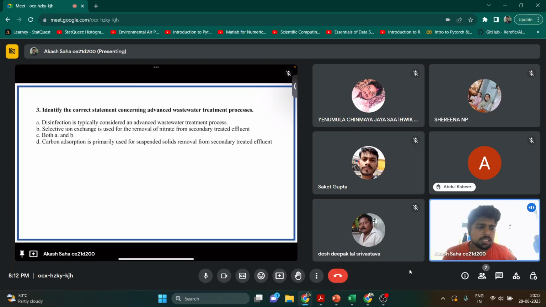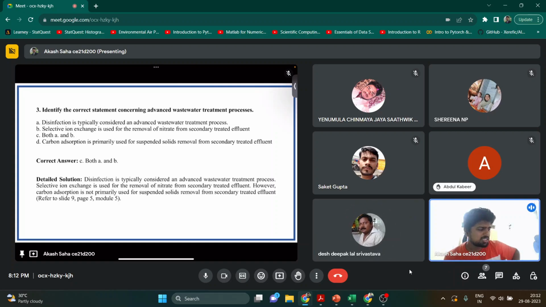So which of the statements are correct? So option C is right. Yes, both A and B are correct, because carbon adsorption is not primarily used for suspended solids removal.